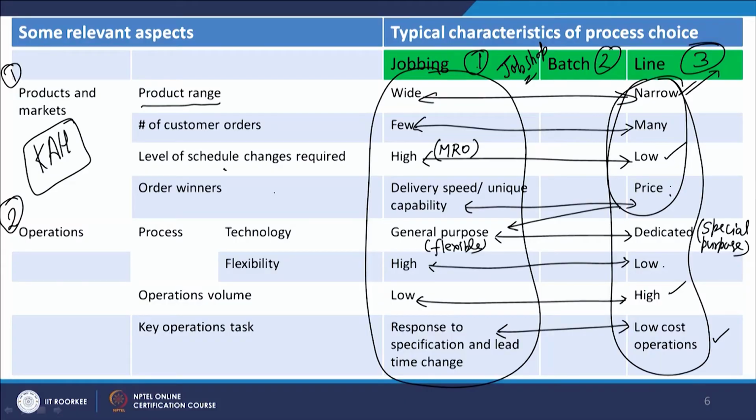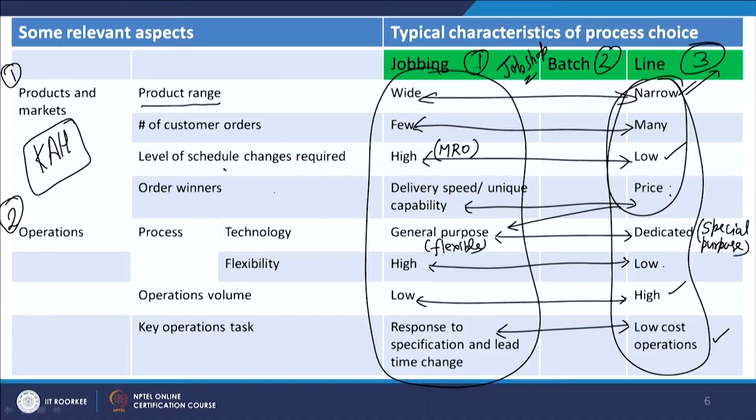And when the dedicated machine produces continuously the same kind of product, you will be able to take advantage of price. Otherwise, if you have a flexible system of production where you are using general purpose machines, you will not be able to achieve the price advantage and you will not be able to serve many customers.